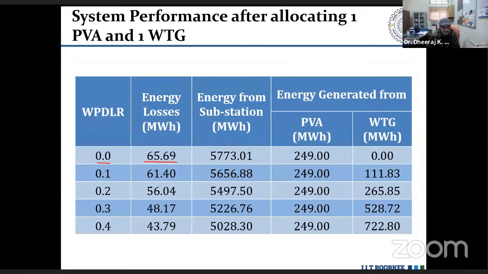So it is now reduced to 65.69, and there is a reduction in energy from the substation also. And this is the value of energy generated from photovoltaic.